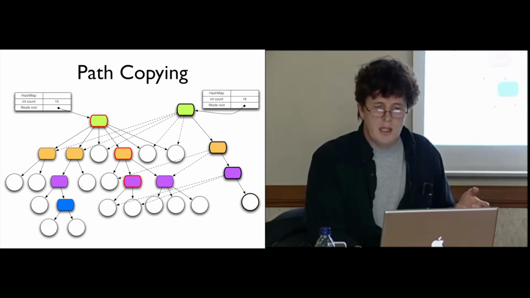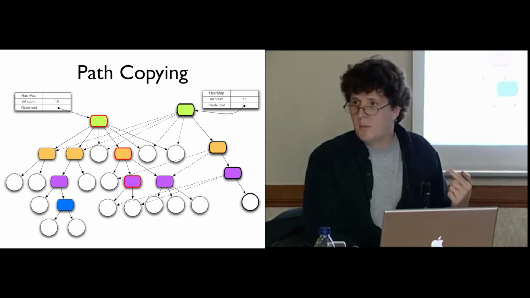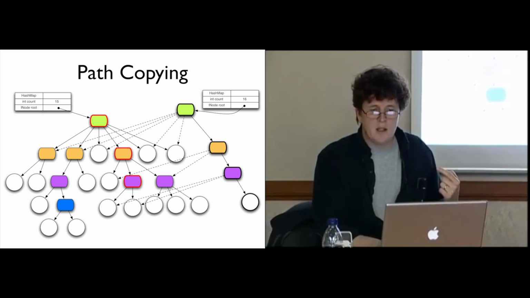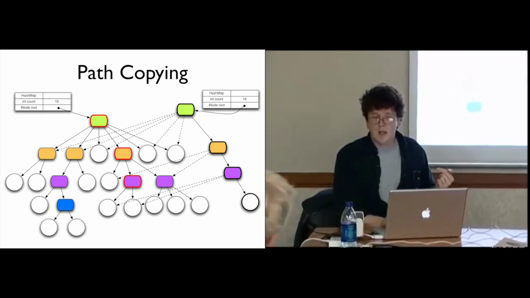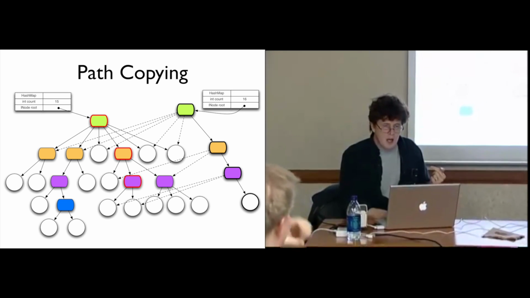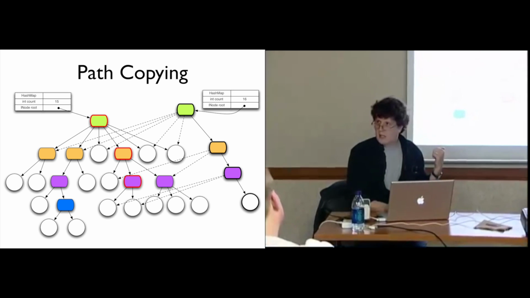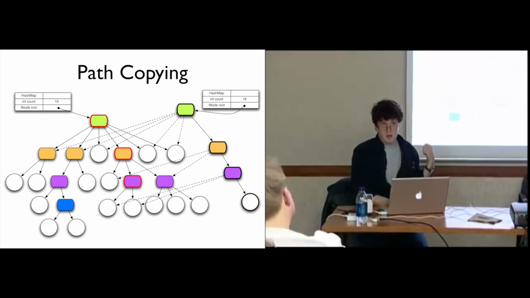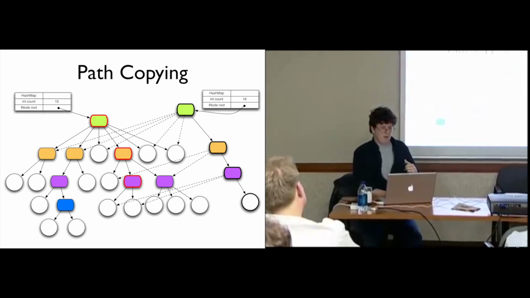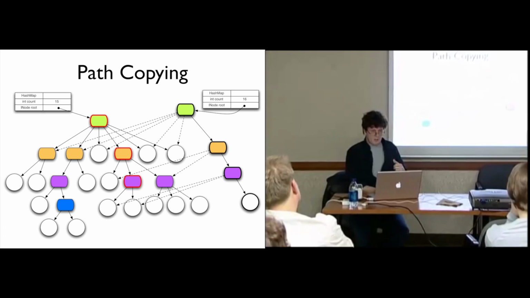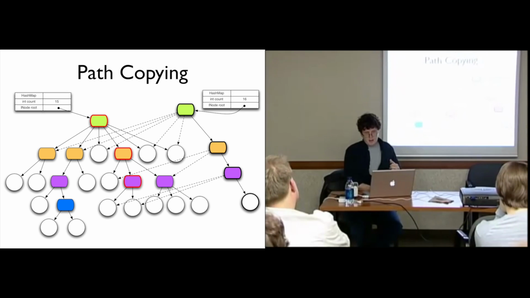The new version needs to put in one new entry, and in order to do that, it needs to copy the path to the new entry, and only the path to the new entry. Everything else, all these dashed lines, are pointers to things that are in the old data structure, and therefore are shared structure. So the old tree is this bit over here, and the new one is mostly that, but this right edge is new. Just the path to the new node.